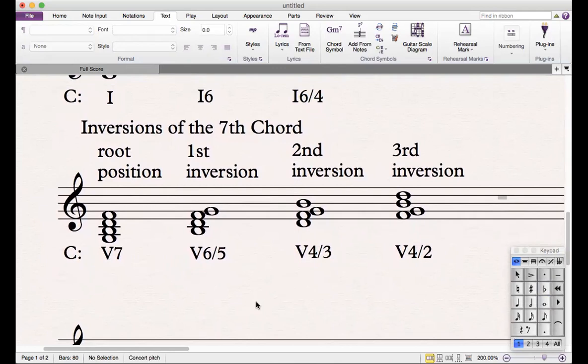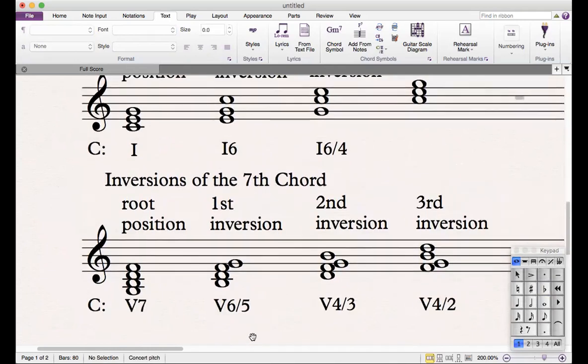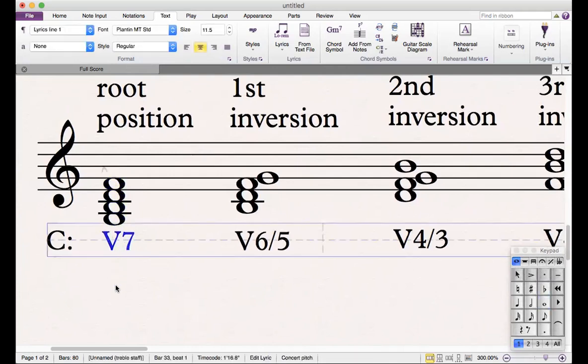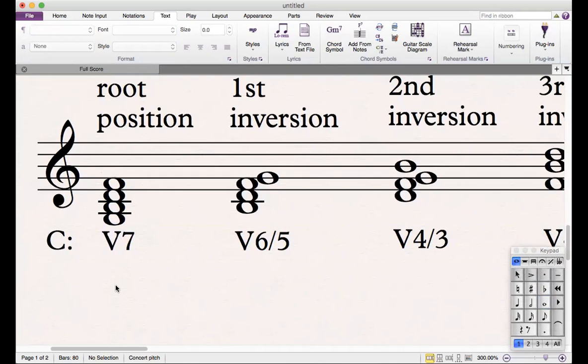Now, let's say you already know about inversions, but you're wondering, wait a second, what's with these numbers? Well, this is the same idea as the triad, where you're measuring the distance between the bottom note and the top note. So of course, root, 3rd, 5th, 7th, this is why we call it the 7 chord, because of that chordal 7th. For the 6/5, this is not the root, but it's the bass note.